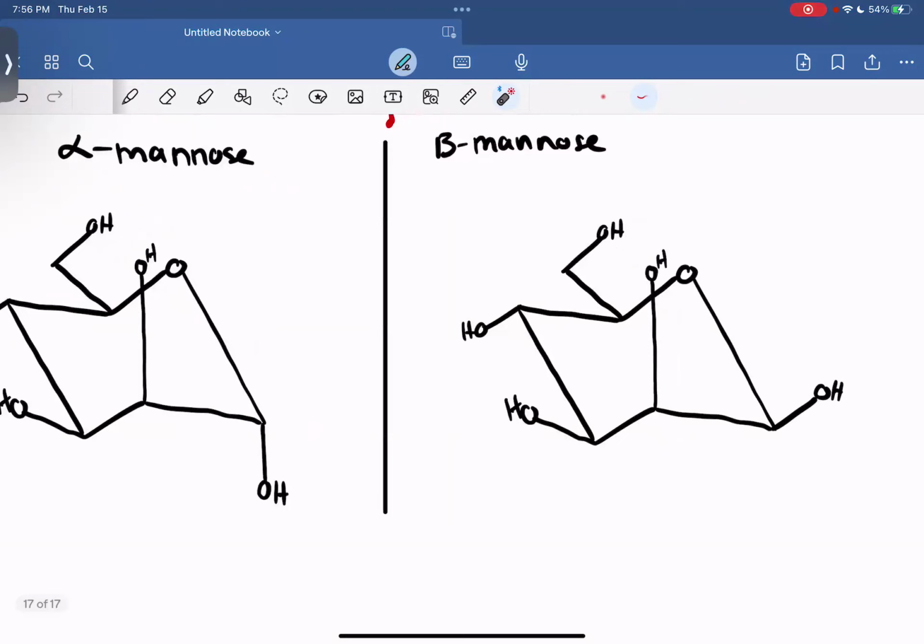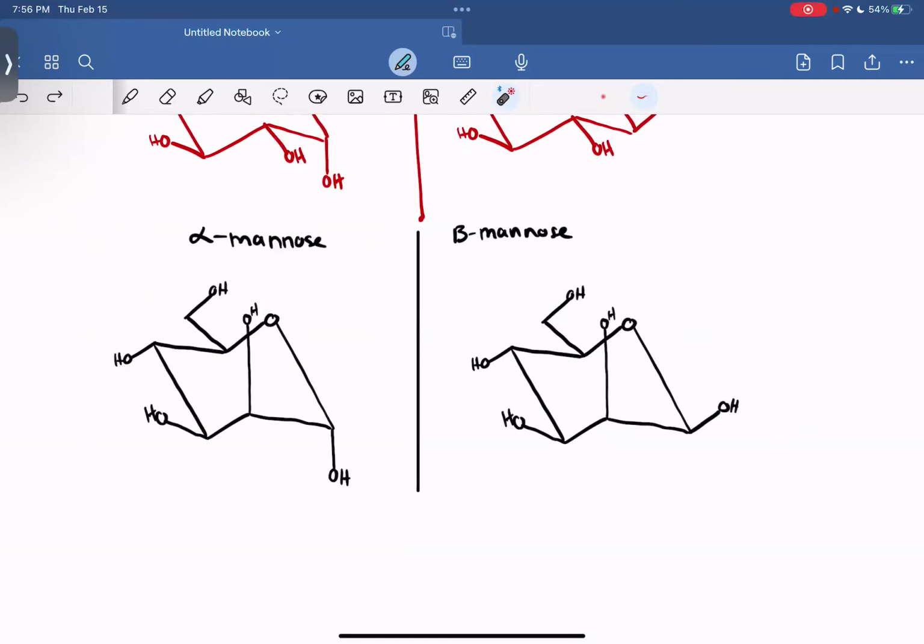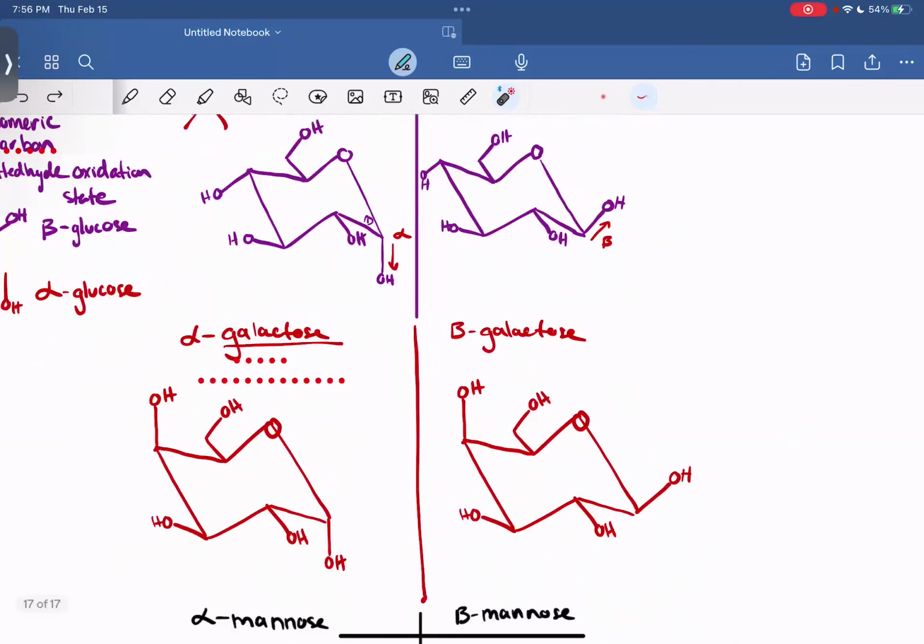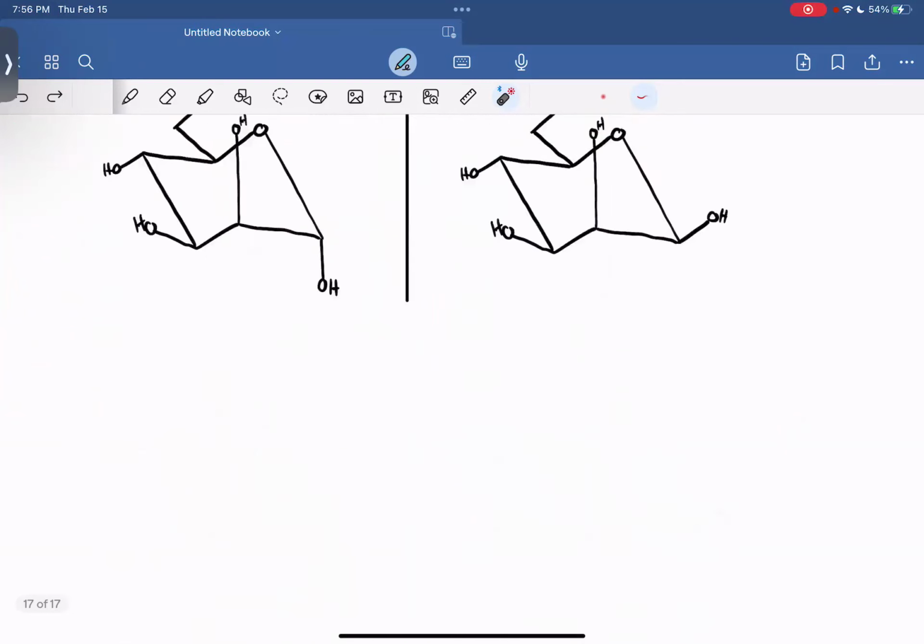And then beta mannose is going to be the anomeric carbon going in the beta position with carbon number 2 going up as well. Remember, alpha and beta can be for all of our monosaccharides, mono meaning 1. So commit these to memory.